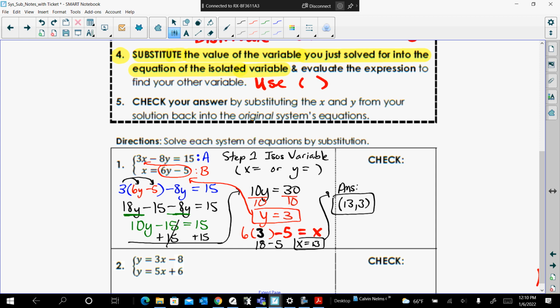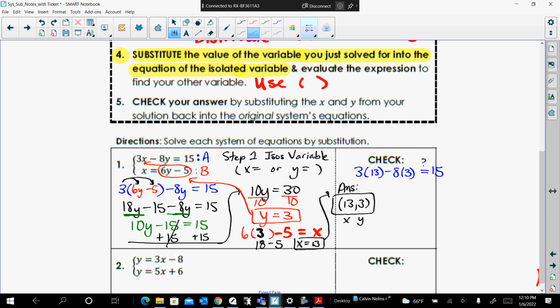Okay? Now, to check it, you plug both of these, this is our x, this is our y, into either equation. Actually, into both equations. So I'm going to plug it into the first one. That means I'm doing 3 times 13 minus 8 times 3 and checking, does it equal 15?